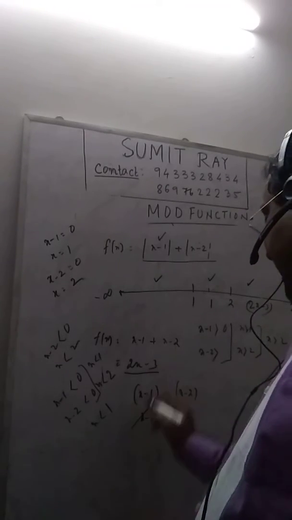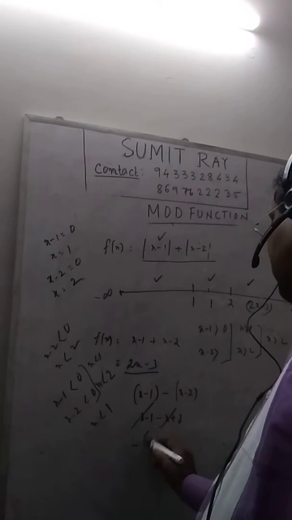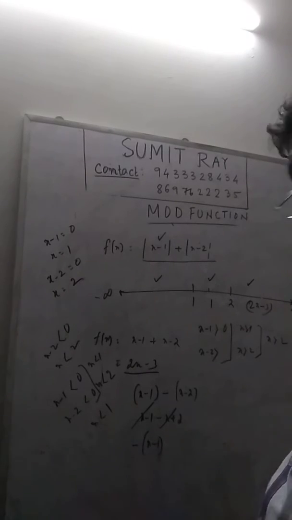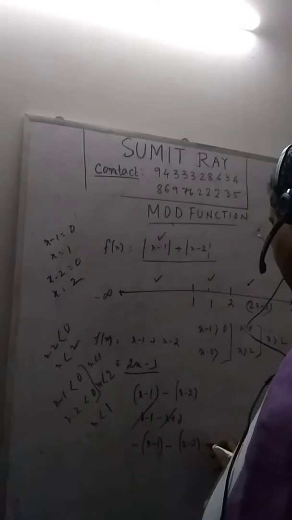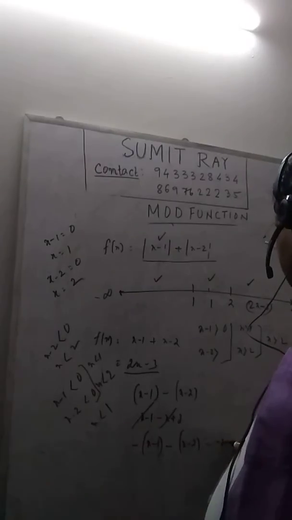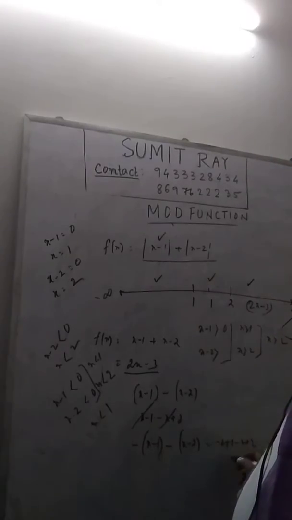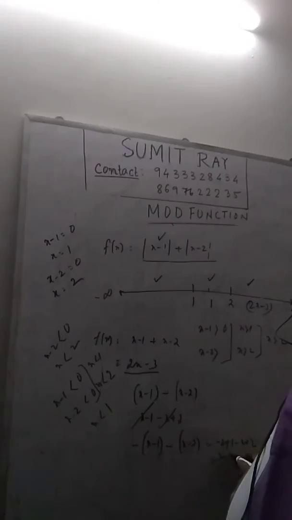Therefore, we can get this function as, like the previous one, minus of x minus 1 minus of x minus 2, and that is minus x plus 1 minus x plus 2, that is 3 minus 2x.